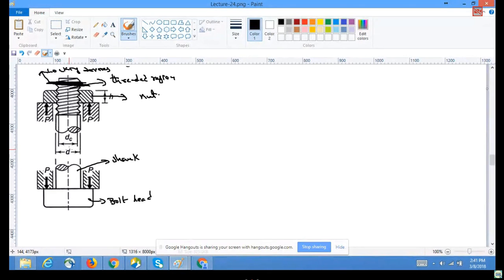So this is a typical bolted structure, and as we have seen, this can be removed.